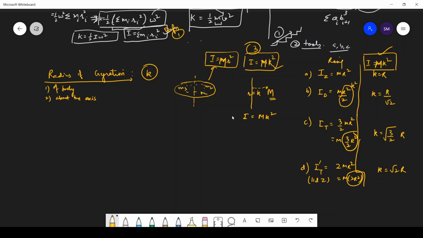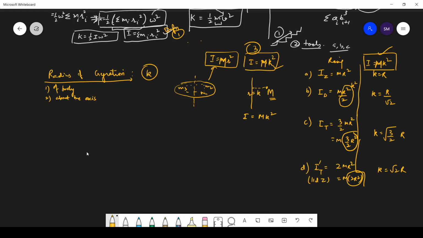So this radius of gyration is a geometric property of the body and axis of rotation, and it gives a measure of the manner in which mass of the rotating body is distributed with respect to the axis of rotation. You can see that the unit of k is length, measured the same as r. Now let us find the expression for k.